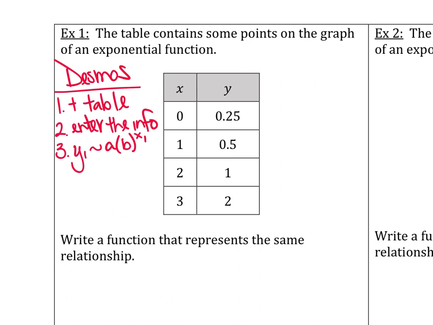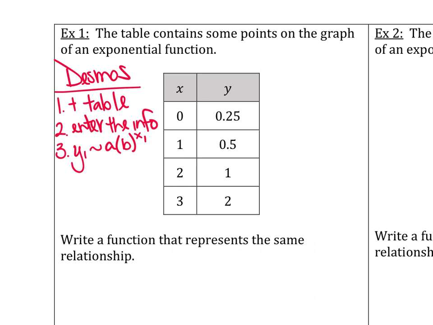We have to add a table and enter the information that they provided. So 0 is paired with 0.25, 1 is paired with 0.5, 2 is paired with 1, and 3 is paired with 2.